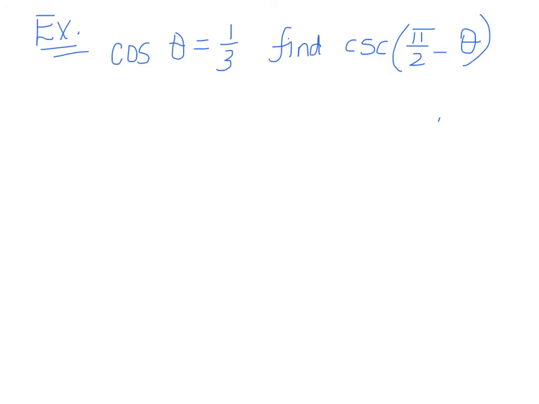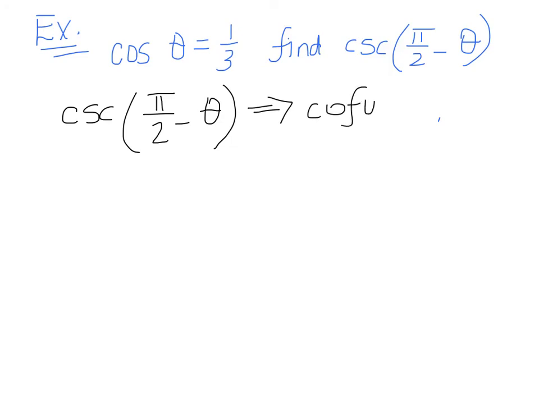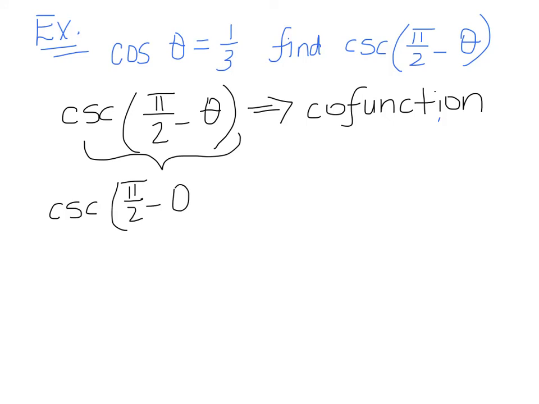So I know that every time I see something about 90 or pi over 2, I know that that refers to a cofunction. And I know the cofunction for cosecant is secant. So this whole thing is equal to secant of theta.